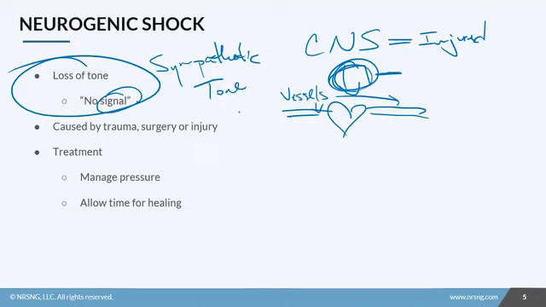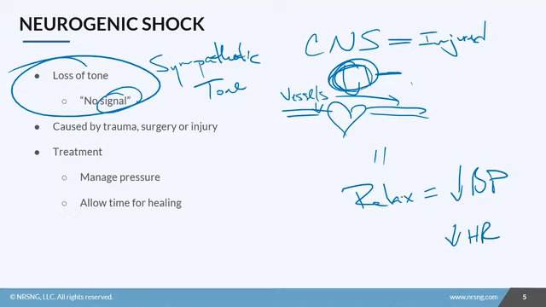You have a decrease in sympathetic tone. And this is caused by trauma or surgical problems or injury, but it's an injury to the nervous system. And when that happens, you'll get this relaxation because you have no more sympathetic tone. What happens? Blood pressure drops, heart rate can drop.